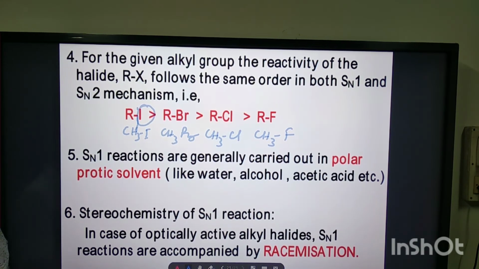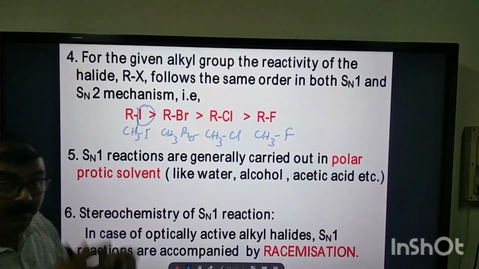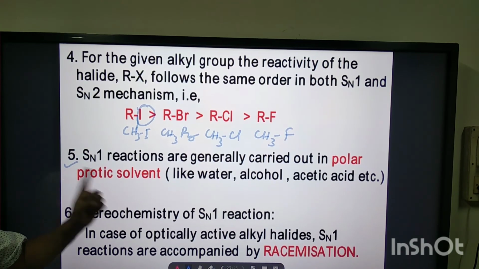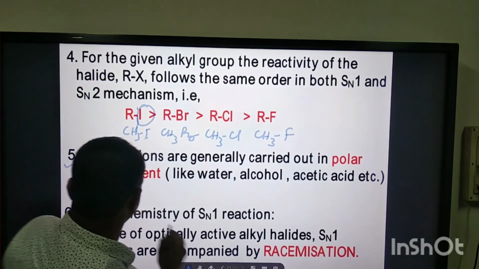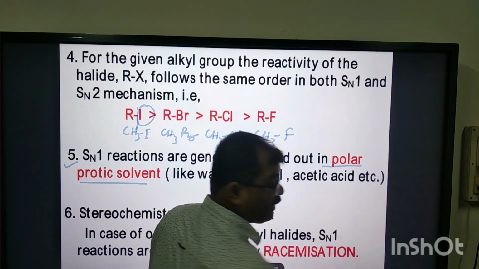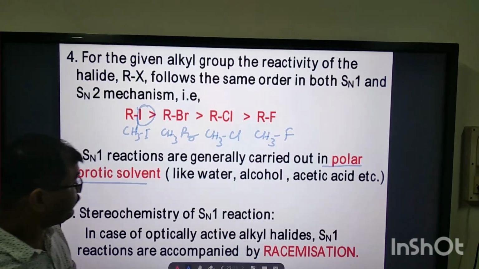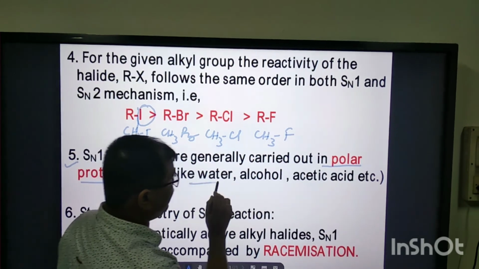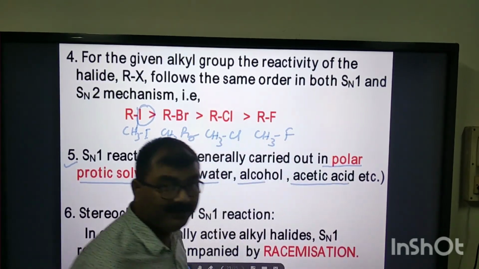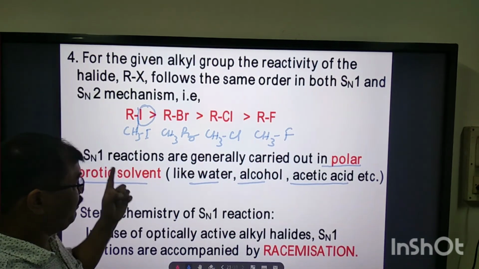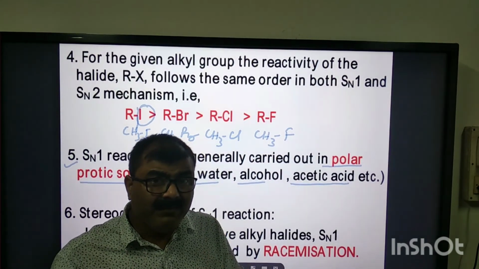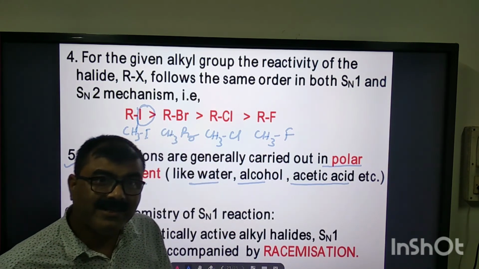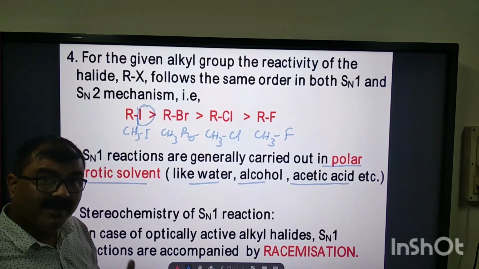Two more important aspects. One is that SN1 reactions are generally carried out in polar protic solvents, as I said in the beginning itself. So the SN1 reaction is favored in polar protic solvents like water, alcohol, acetic acid. Dear students, this is a very important topic. The effect of solvent in SN1 and SN2 reactions we will discuss separately in a separate video.